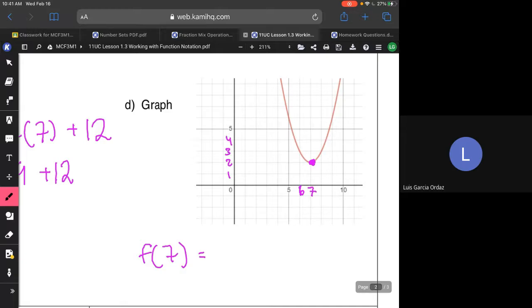Yep, it's 2. This point is 7 and 2, which means my y value is going to be 2. So f at 7 is 2. Thank you, Ashlyn.